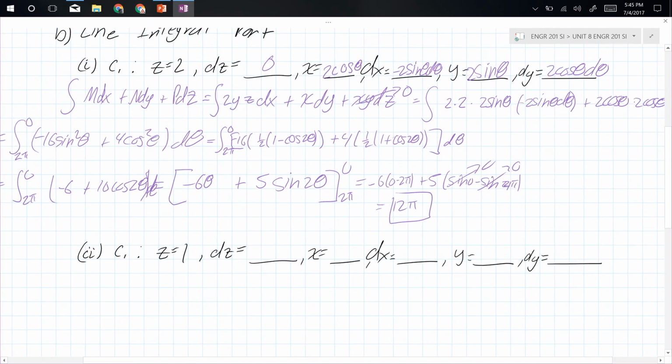So we have x is 2 cosine theta, dx is negative 2 sine theta d theta, y is 2 sine theta, dy is 2 cosine theta d theta. So everything's the exact same thing. The only difference is we're choosing different limits.